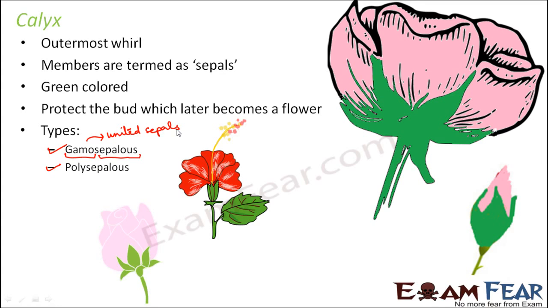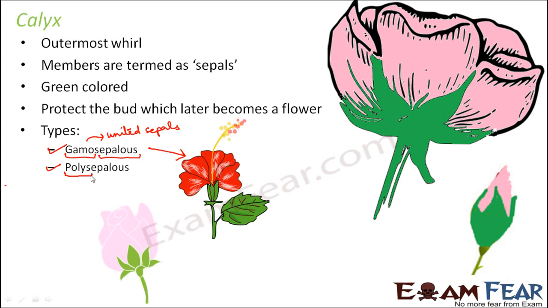An example of a gamosepalous flower would be hibiscus. Here you can see these are the sepals, right? All the sepals are united to each other. They stick to each other. They are not like separate leaves. But when I talk about polysepalous, poly anyways means multiple.